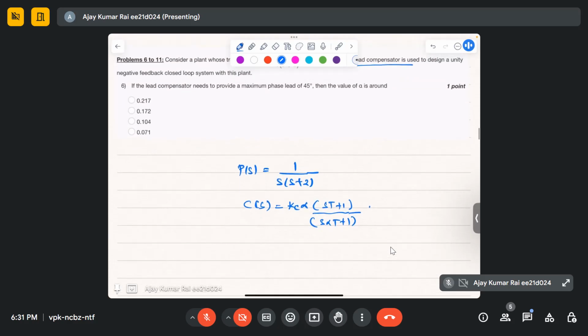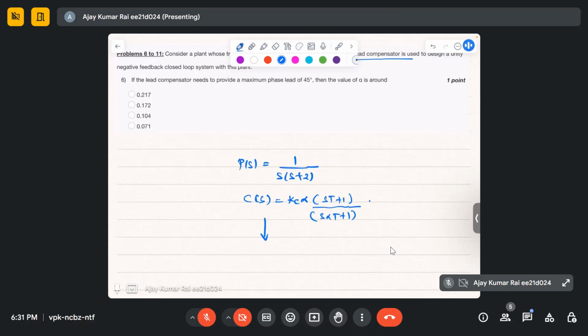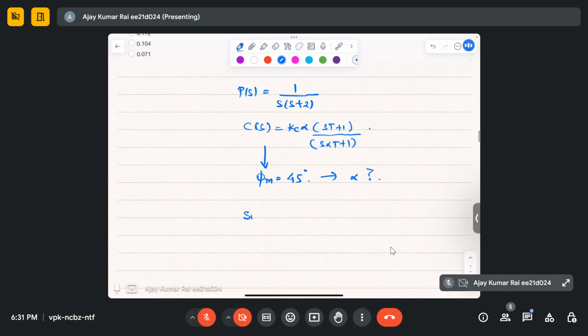What is required from this lead compensator is that it should provide the maximum phase lead of 45 degrees. And for this 45 degrees, we have to find out the value of alpha. In previous questions also we have used this formula. So you have to find out alpha here.